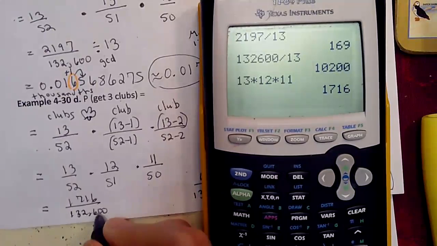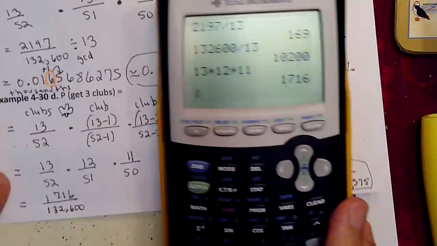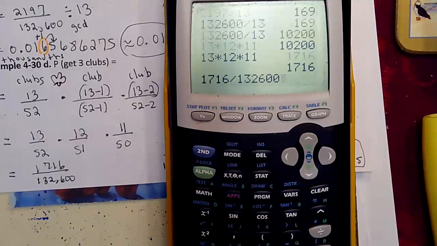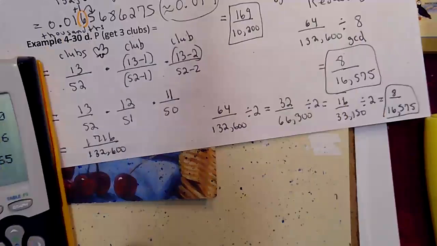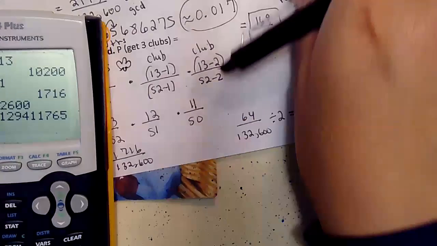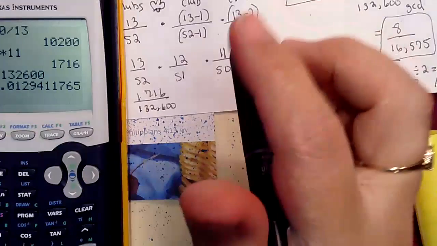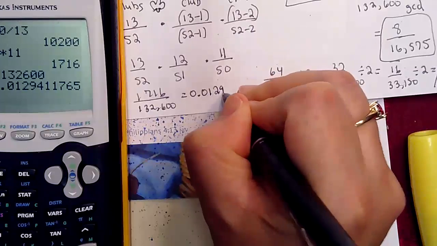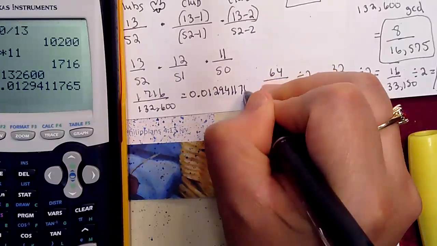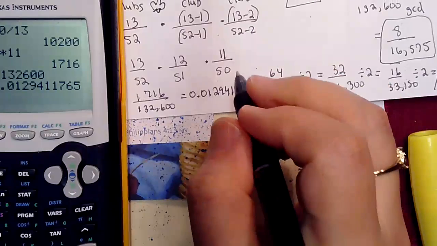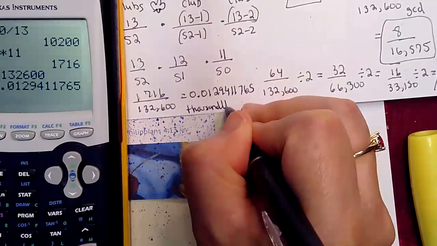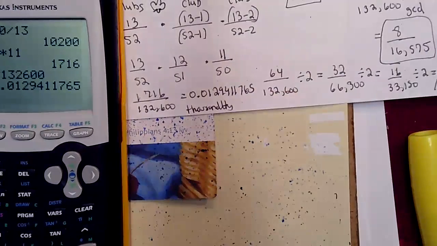You already know the denominator is 132,600. And then when I divide 1716 by 132,600, I'm going to round that to the nearest thousandth. Tenths, hundredths, thousandths.